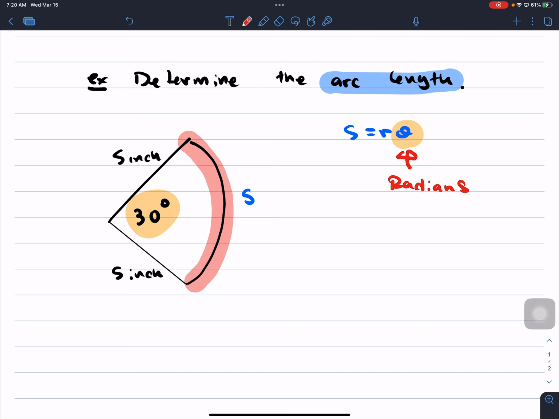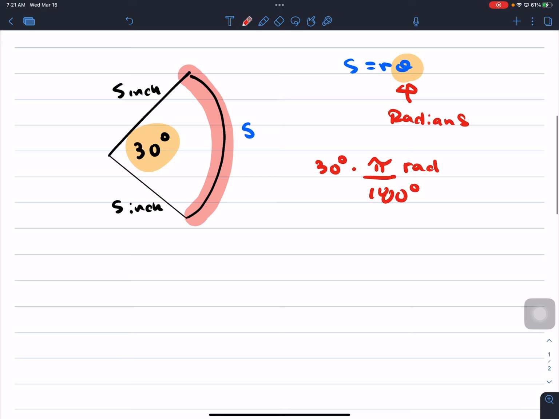So if you remember, you're going to have to convert degrees to what? Radians. Is that true? So let me say this. How do you convert degrees to radians? Okay, you're going to take that 30 degrees and you're going to multiply it with what? Pi radians over 180 degrees. Okay, and then what does that give you here? The degrees cancel. So you're going to have now 30 pi over 180, and then what does that reduce to?